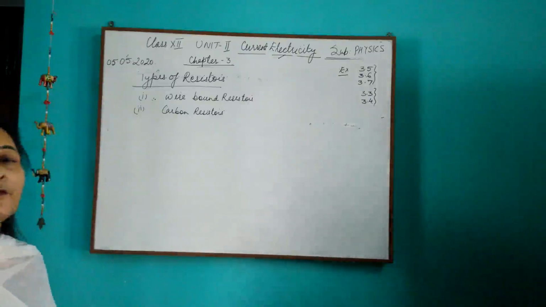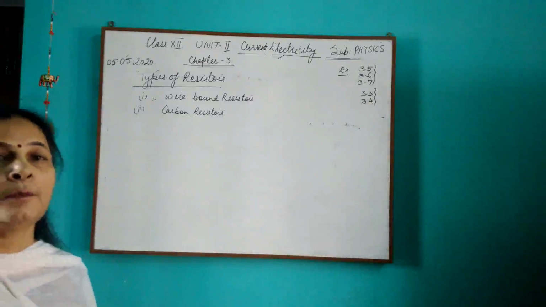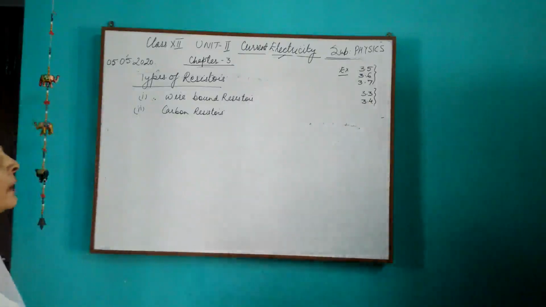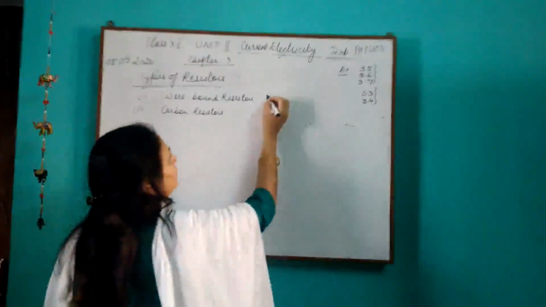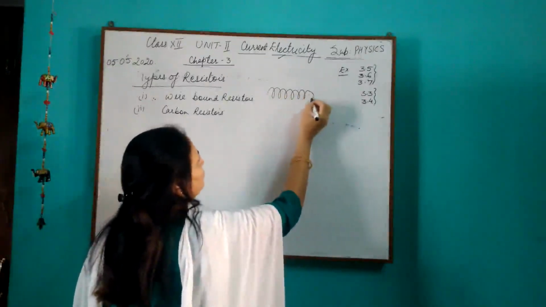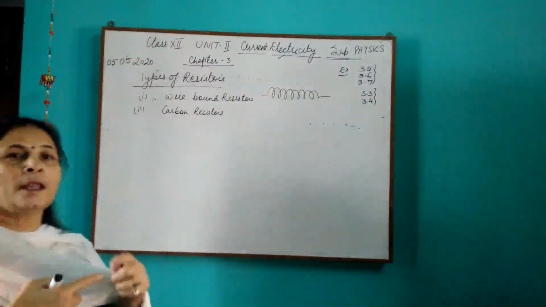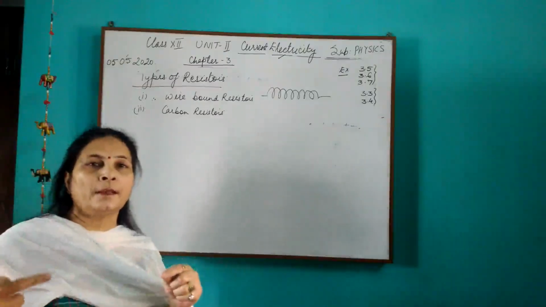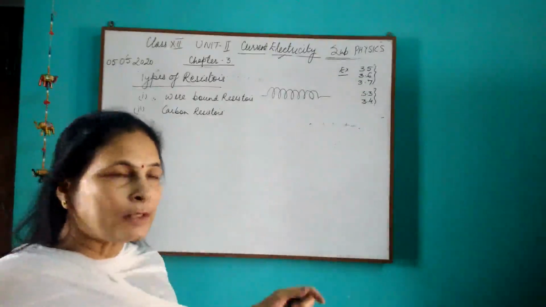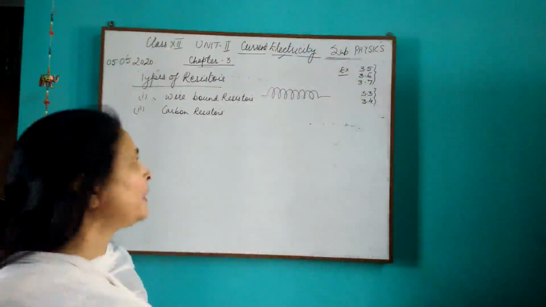For standard resistors we use an alloy. We can use constantan or manganin, and they are in the form of very fine wire. That wire is wound, like a small spring, so that quite some length can be used in a small place.